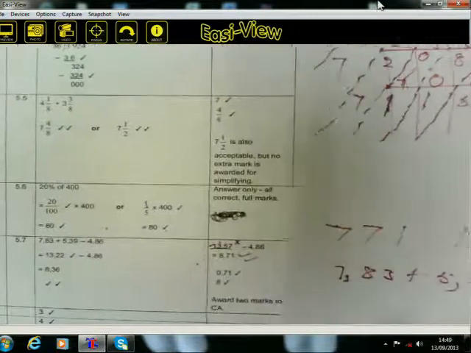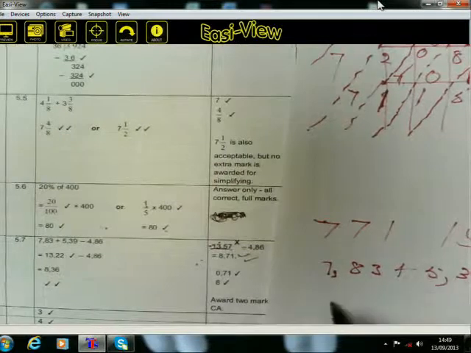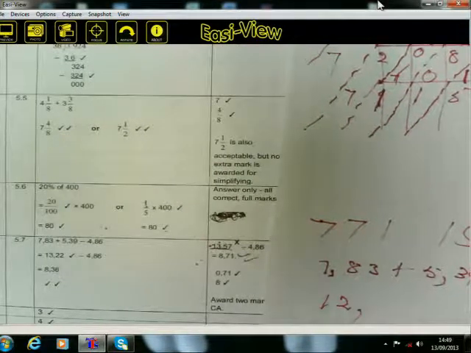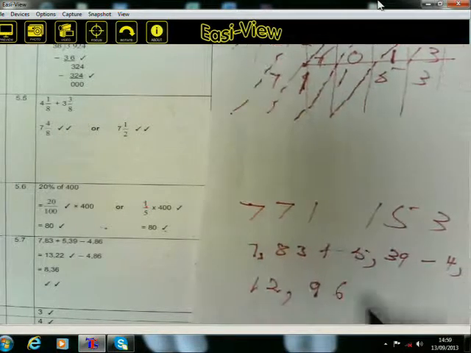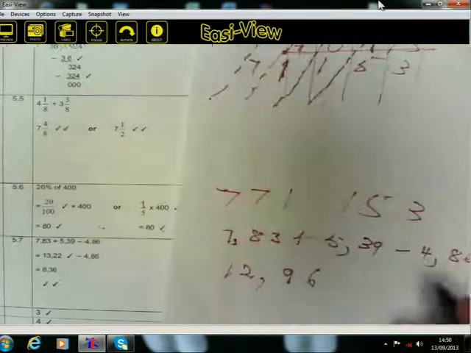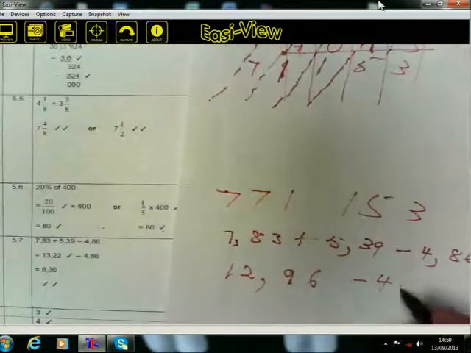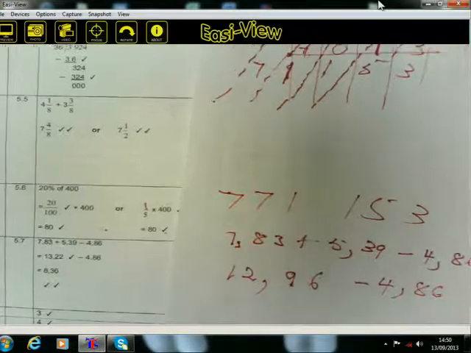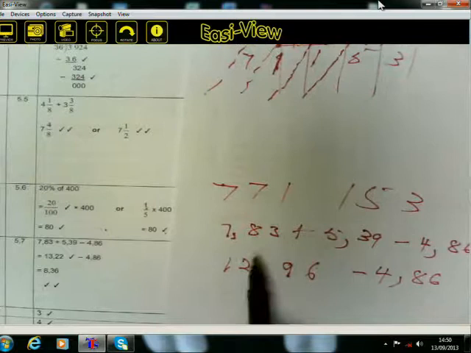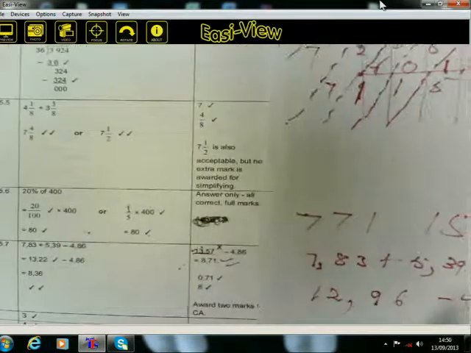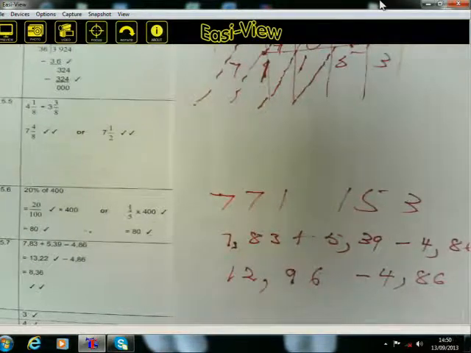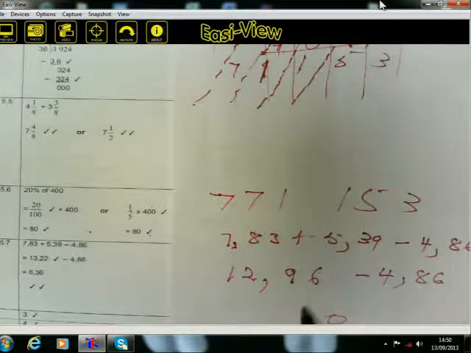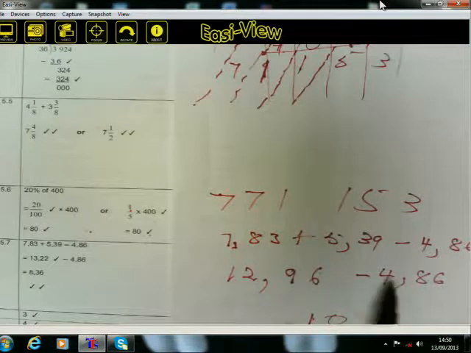I'm trying to explain this and get maybe 12.96 and subtract 4.86 correctly when he does that. Let me say he does this. He said this is 12.96 and then he does that. He subtracts now: 6 minus that is 0, and then 9 is 1, then 12 minus that is 8, 10.